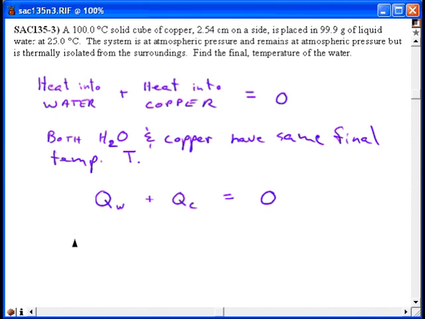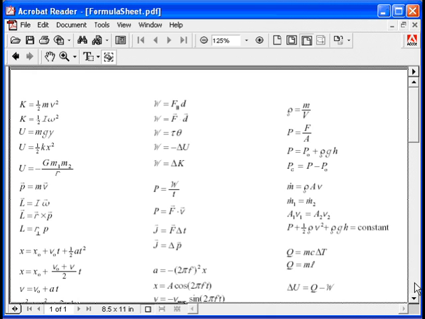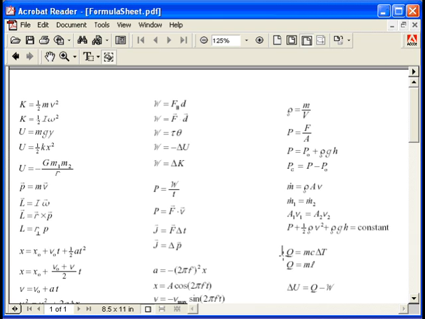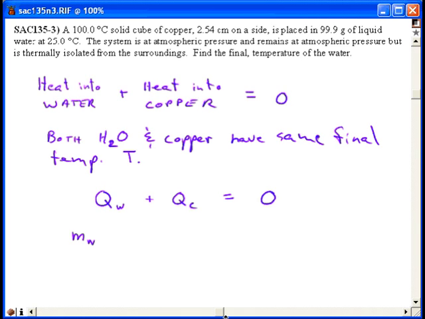And from our definition of specific heat capacity, we can say the heat that flows into the water is expressed by, let's see if we can find that on the formula sheet. Q is mc delta T. This is the formula that we're going to be using for this one.